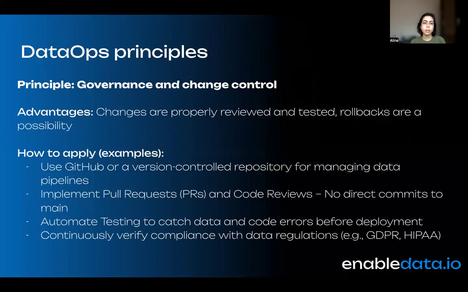So how to apply it? Use GitHub or any other tool for managing your data pipelines and your data infrastructure code, maybe like Terraform, and you can version control that. You will know who uploaded the code, and you will have the possibility of having a rollback. As you're using this type of tools, it's important to implement pull requests and code reviews.